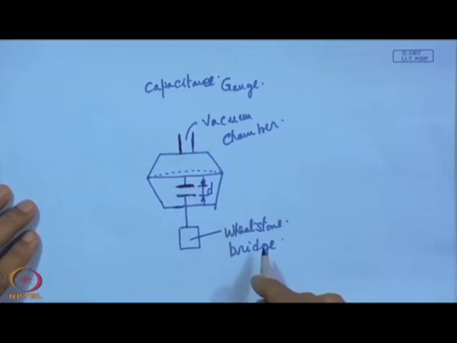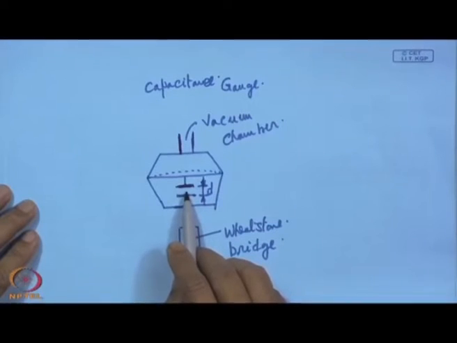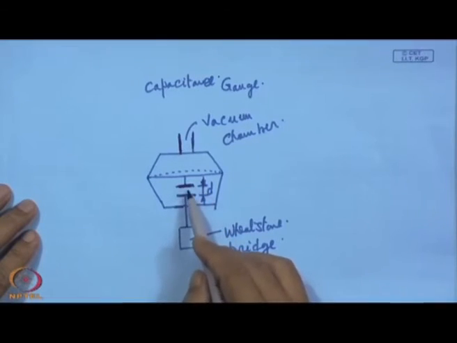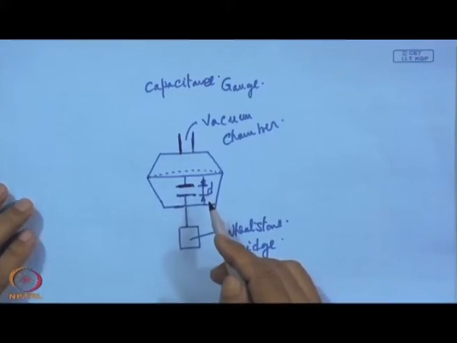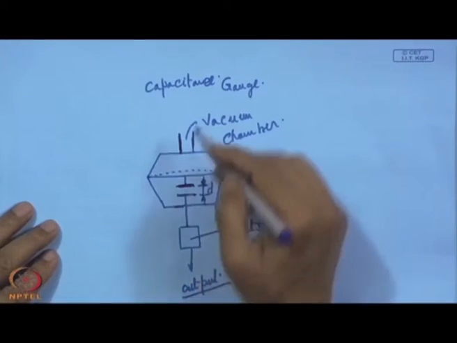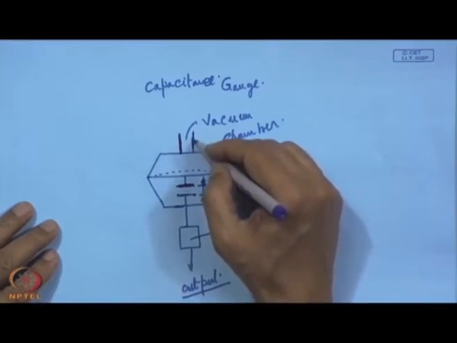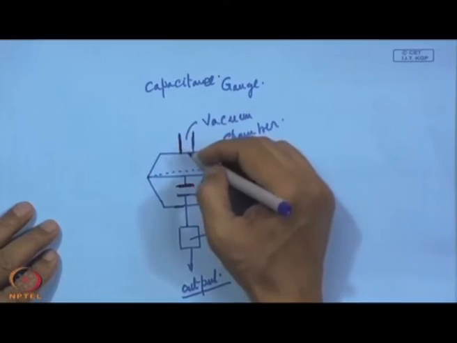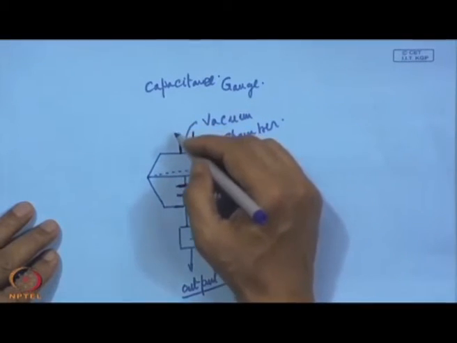On a Wheatstone bridge, if this capacitor becomes one of the arms, then its capacitance change will generate an error voltage, and this Wheatstone bridge will give some output, and this output will have a relation with the pressure prevailing in the vacuum chamber.